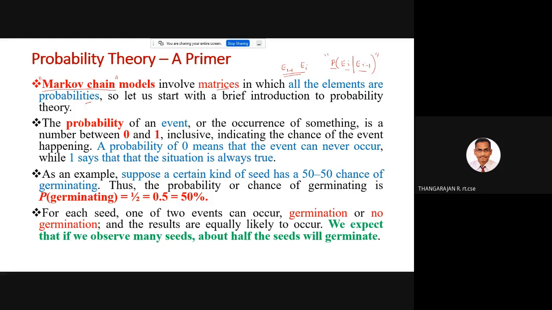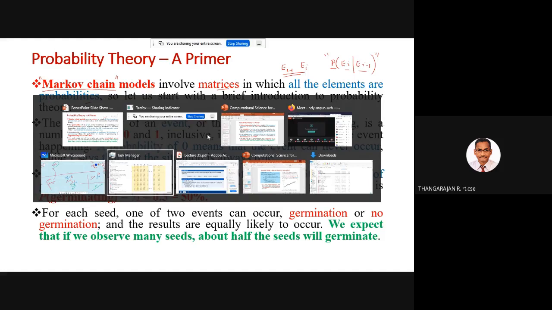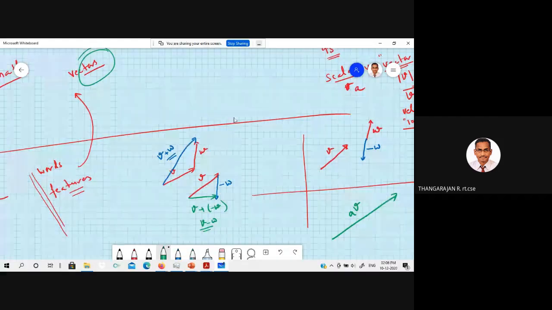Now, what is probability? When it comes to probability, the event is not certain to occur. Here in probability we talk about events.